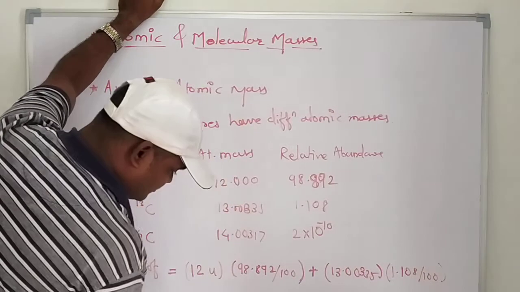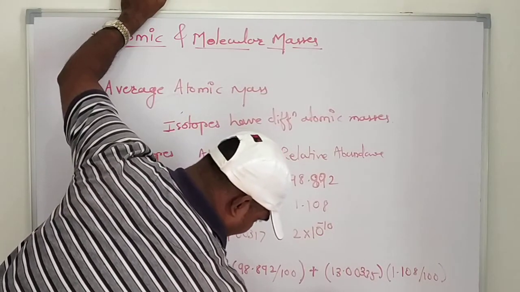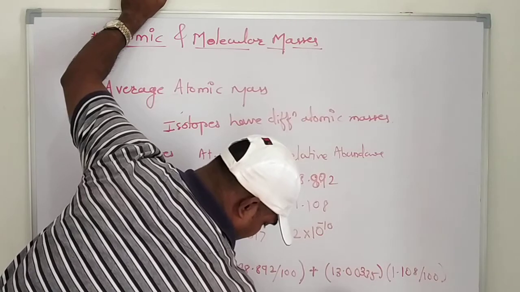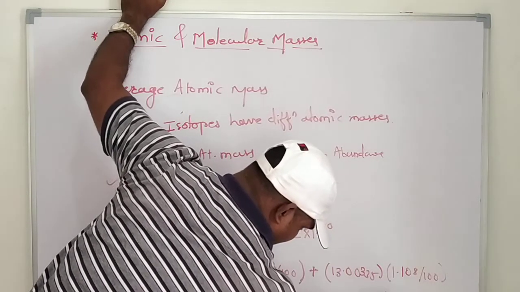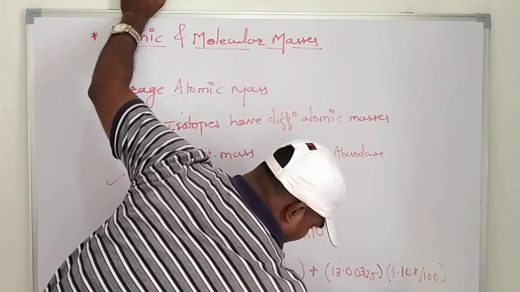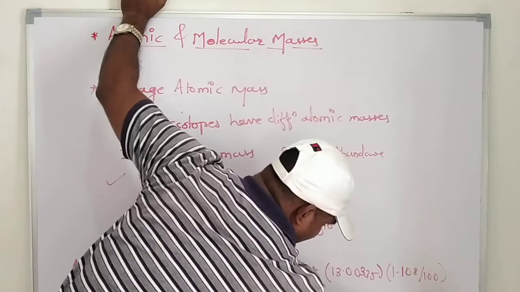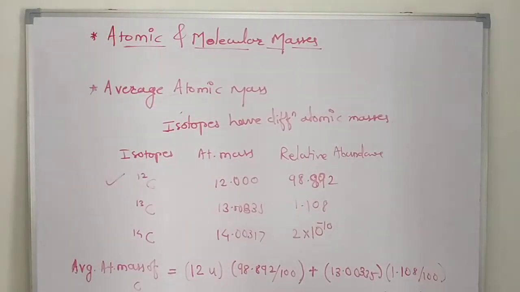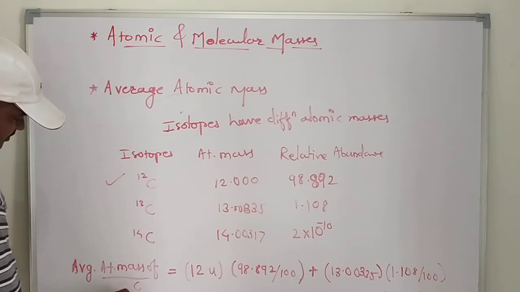This is in one bracket, plus 14.00317, and its relative abundance is 2 × 10^-10 divided by 100. So students, this is all about the calculation part to calculate the average atomic mass of carbon.